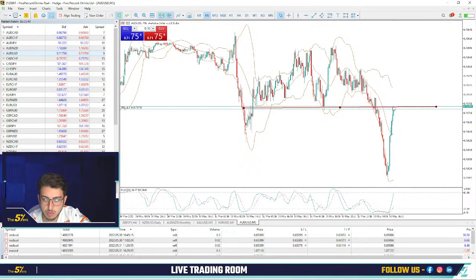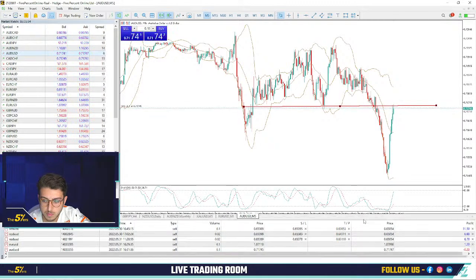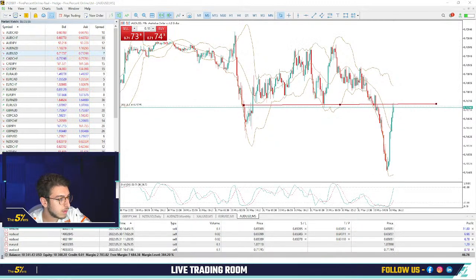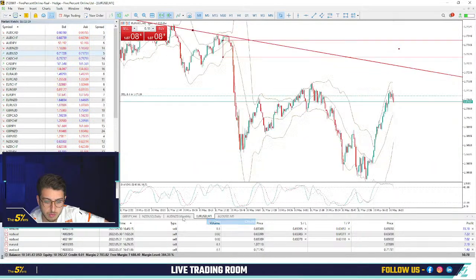I'm looking for that zone maybe to be respected. Also looking for the dollar index starting to push up a little bit here. Let's wait for a sharp drop. We'll be looking for closing here. Okay, that's quite nice. I will just close all of that.